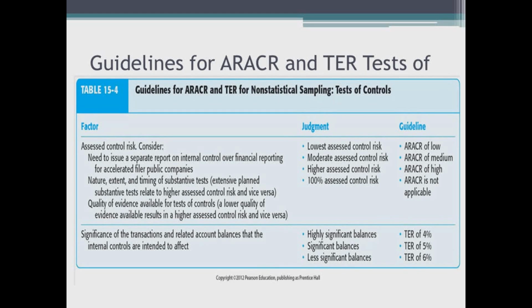So it's not going to rise to the level of being materially misstated. So why would you increase your sample size for an account that you have decided won't have a material impact on the financial statements? Does that make sense? Make sense, everyone?